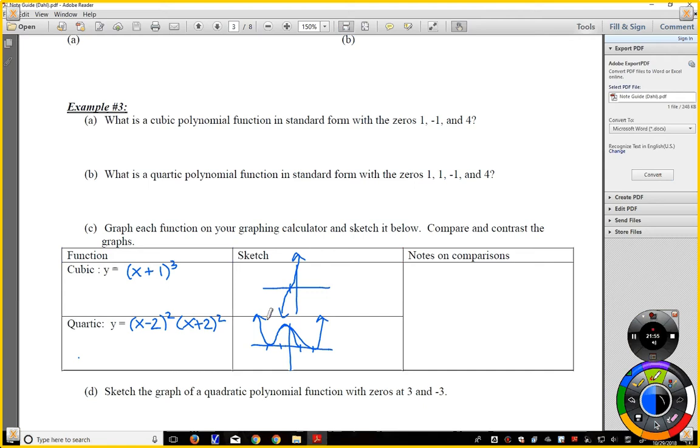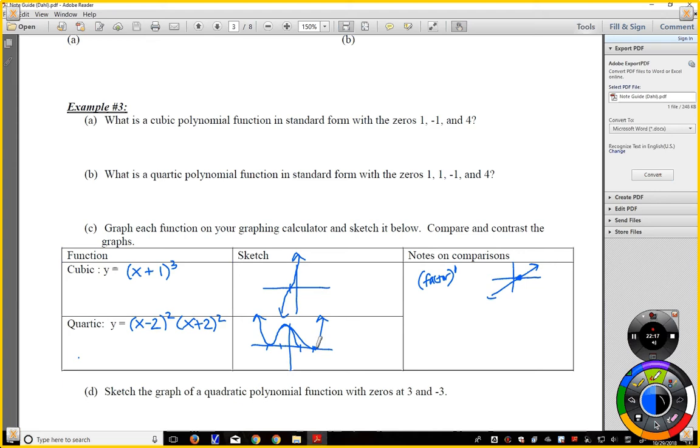So when you guys look at these, make any notes you want about end behavior compared to degree, but also we want to talk about our factors. So any factor that's to the first power, we talked about how the 0 goes kind of straight through the x-axis.